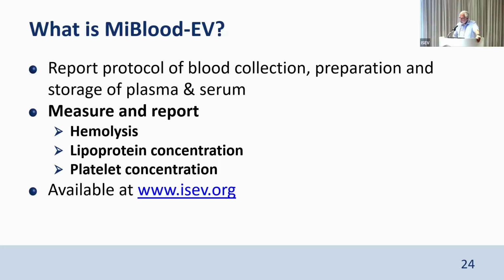What My Blood EV proposes is that we should go one step further, and also, if possible, try to measure and report whether you have hemolysis, the lipoprotein concentration and the platelet concentration. For example, the platelet concentration is a measure for the efficacy of your centrifugation procedure and how well the operator has been able to pipette off the plasma without platelets.